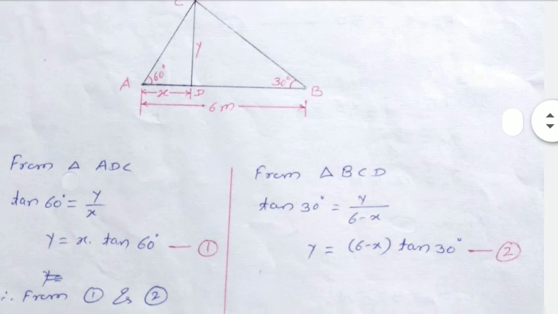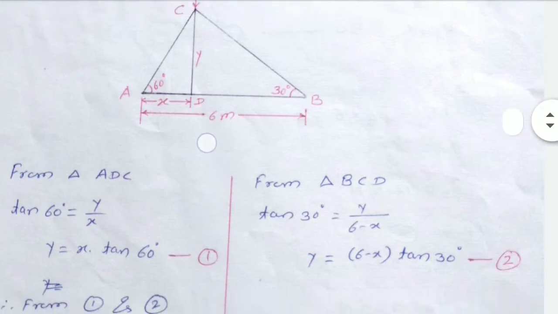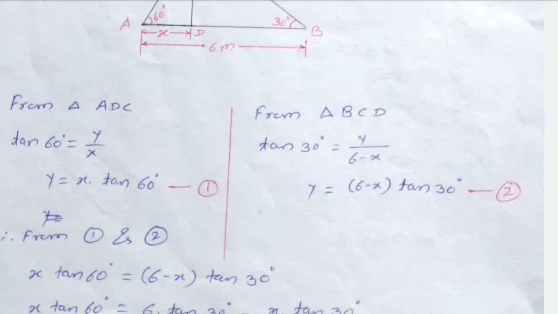So the opposite here is obviously y, and y upon the total BD is 6 minus x, meaning by subtracting the x component we will get BD, that is the adjacent part of the BCD triangle. So y is nothing but (6 minus x) tan 30.